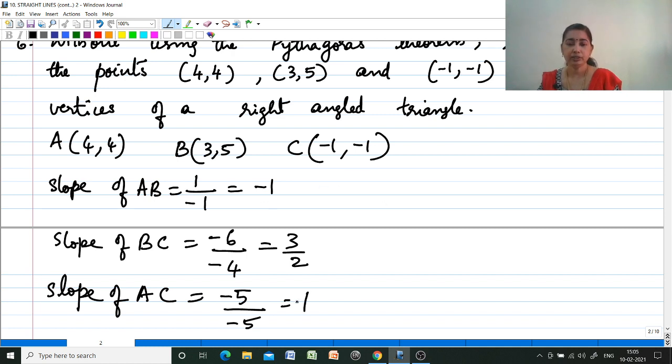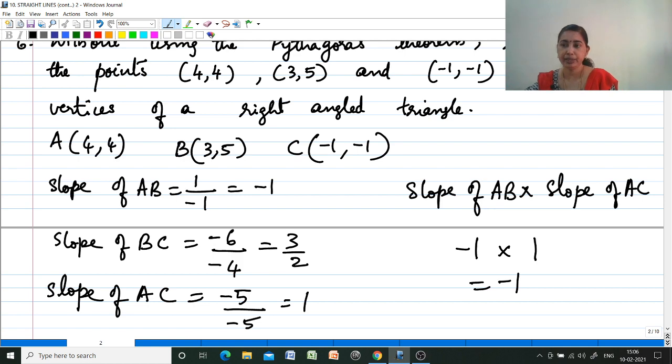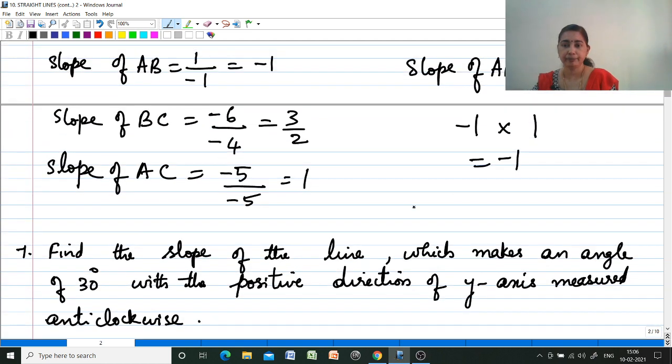Now if we look at the slope of AB and the slope of AC, the product of the slopes, slope of AB into slope of AC: slope of AB is -1, slope of AC is 1, then the product of these two is -1.